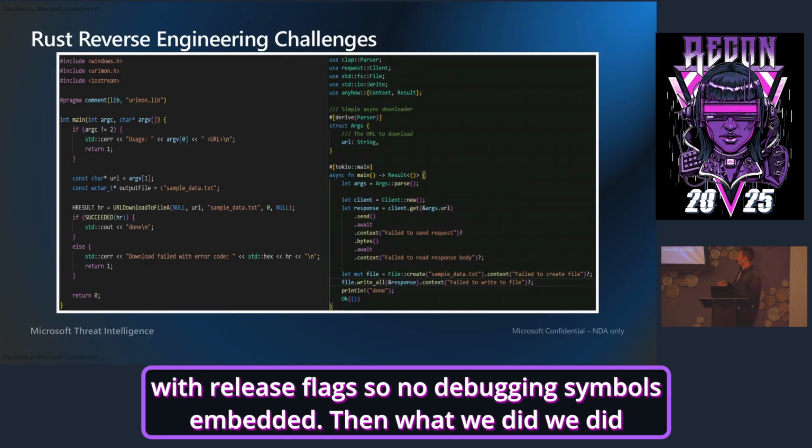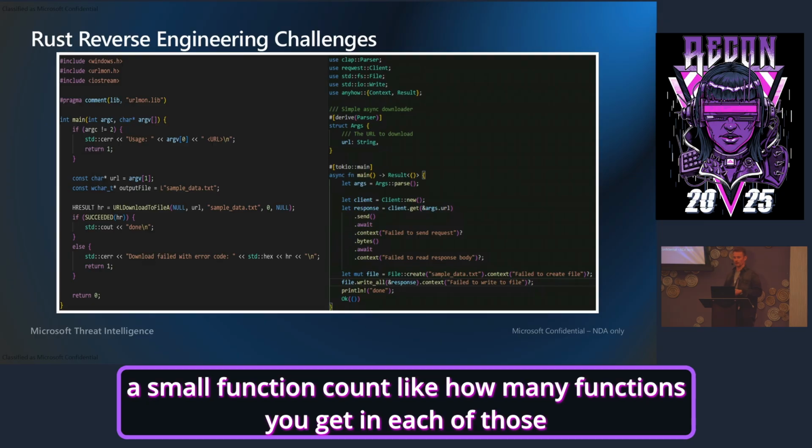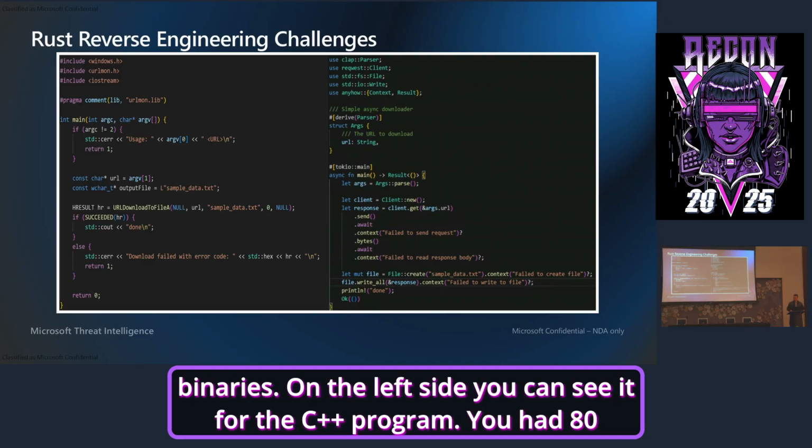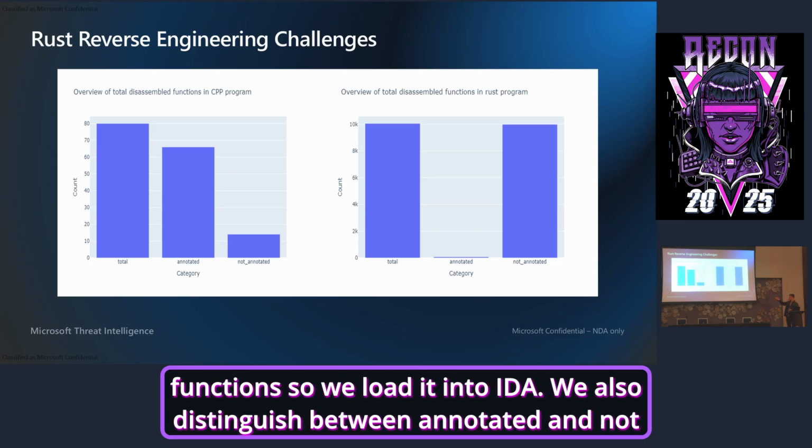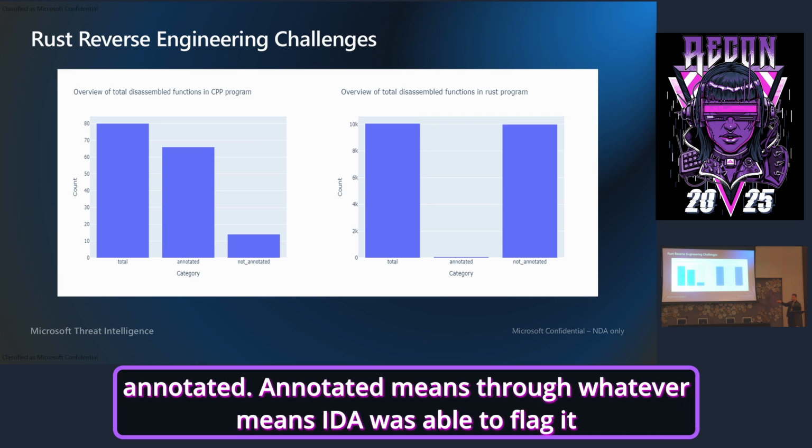Then we did a small function count, like how many functions you get in each of those binaries. On the left side, you can see it for the C++ program. You had 80 functions, so we loaded it into IDA. We also distinguish between annotated and not annotated.